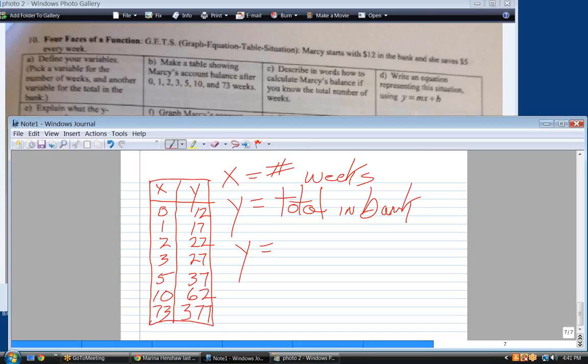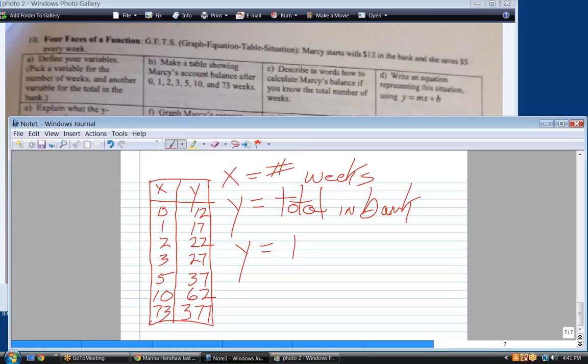What's the variable that represents the number of weeks? X. Okay, so let's write out the equation exactly as I said it. She's going to have $12 plus $5 times the number of weeks. So how does that translate into an equation? Y equals 5x plus 12.